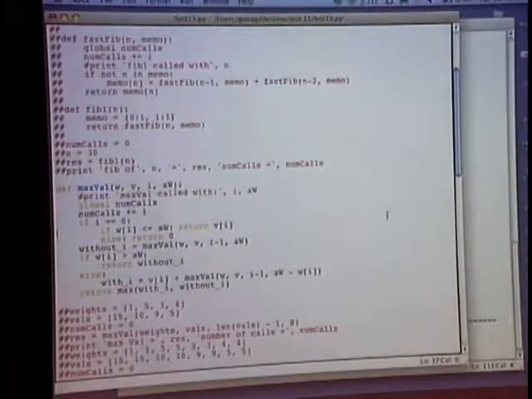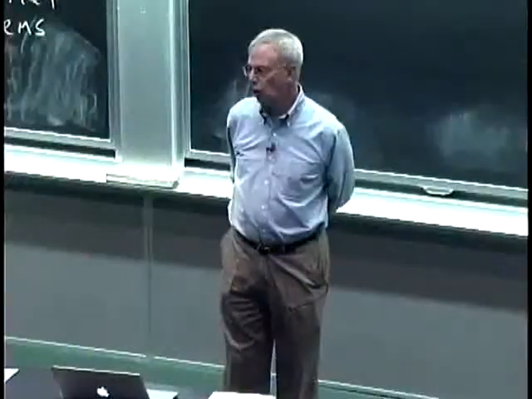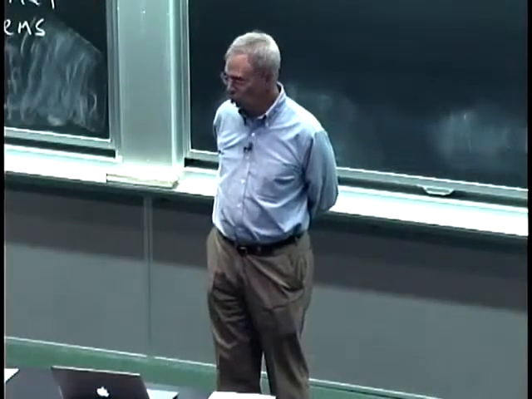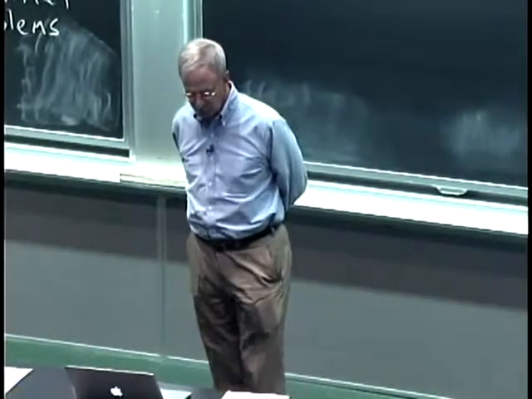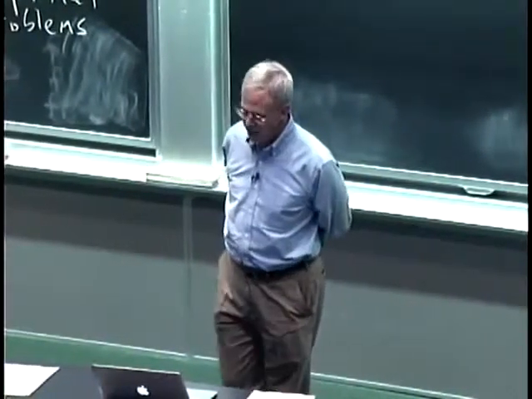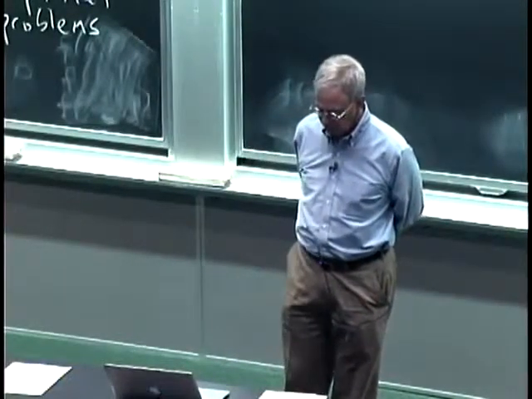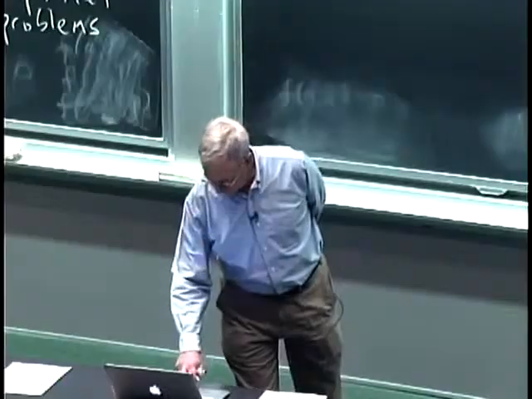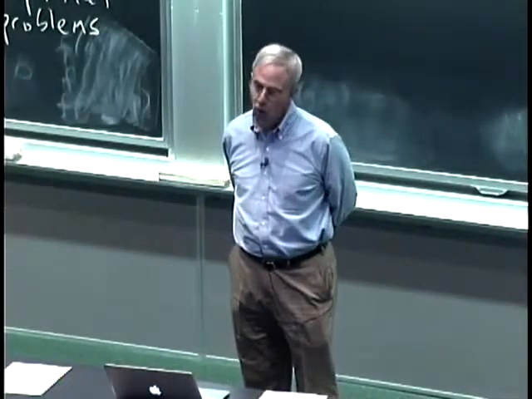So again, I put in this num calls, which you can ignore. First line says if I is 0, that means I'm looking at the very last element. Then if the weight of I is less than the available weight, I can return the value of I. Otherwise, it's 0.